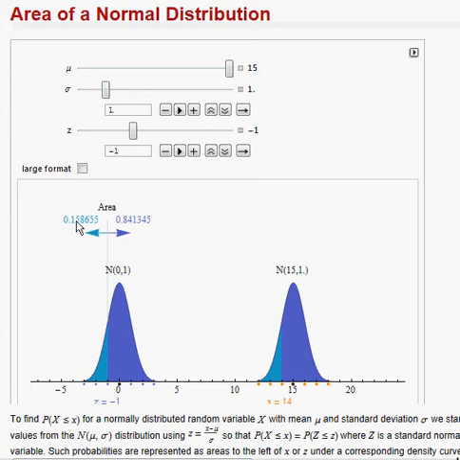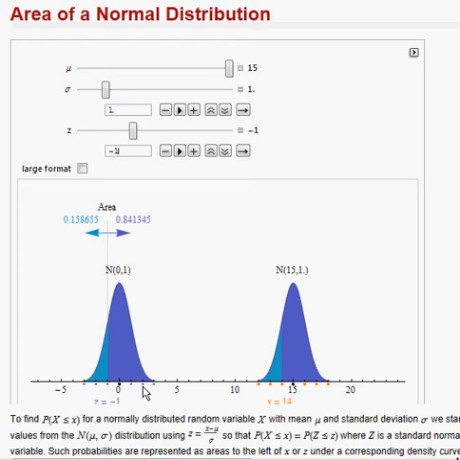That's given up at the top. It says 15.8%, and on the right hand side 84.1%. So that means 15.8% of the data values of the standard normal distribution are below z equals -1, and 84% of the data values are above z equals -1.